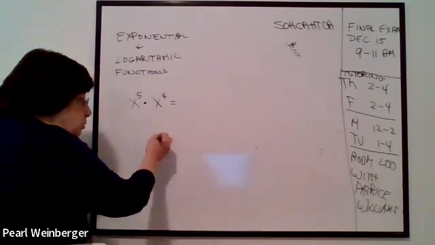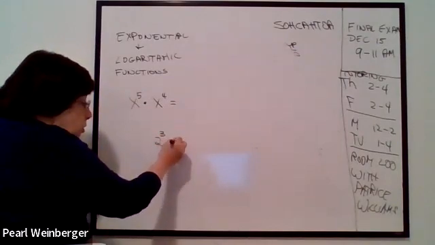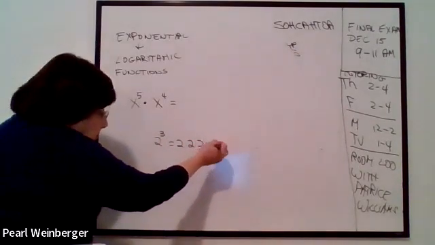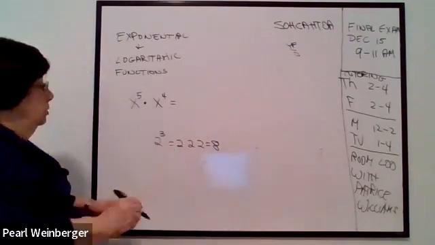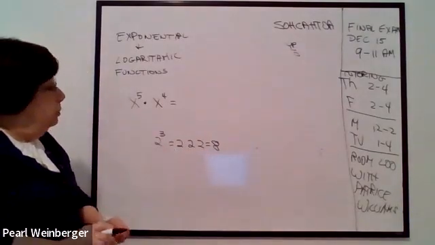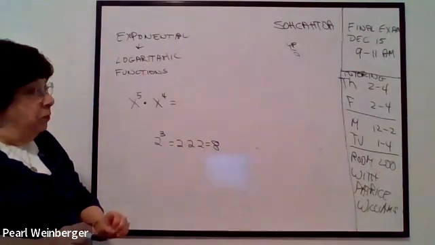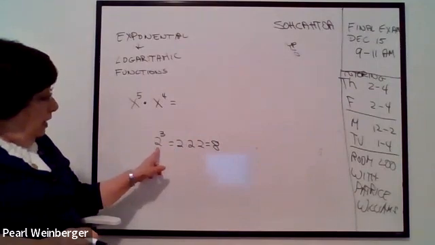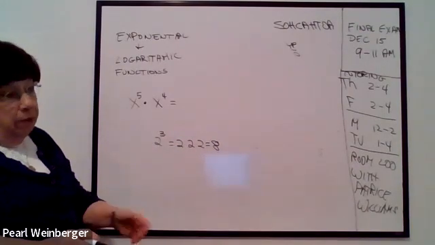In other words, if I would do 2 to the third power, you would know it means 2 times 2 times 2, which is 8. So 3 as an exponent tells you how many times you're multiplying the number by itself. The number that has the exponent is called the base, and this number is the exponent or the power.